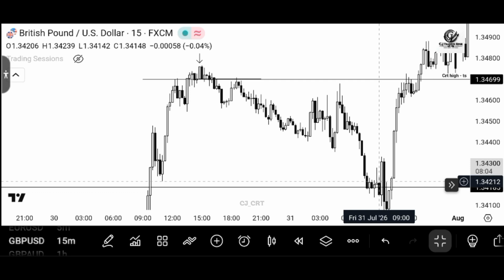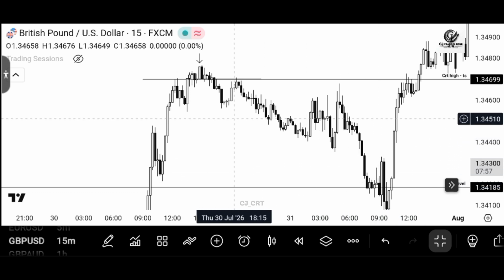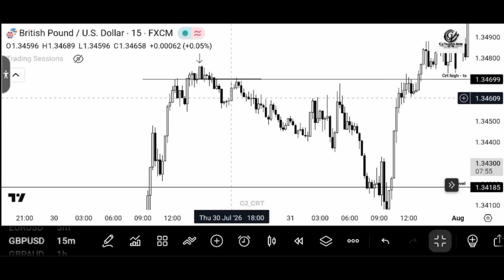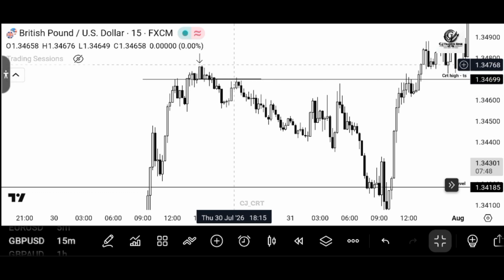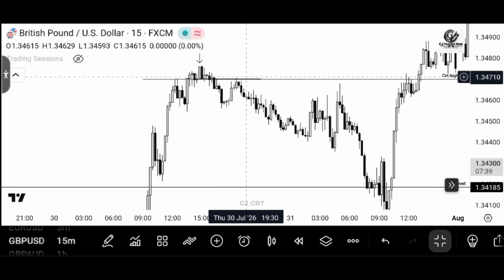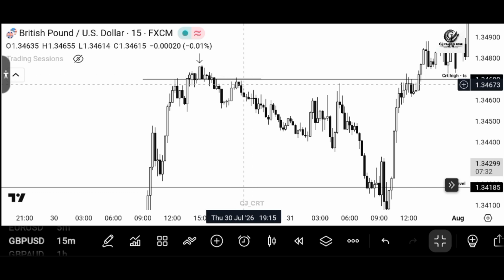If you're new to CRT, sometimes the market can scare you and get to a level so close to hitting your stop loss. And because of fear, you might want to close your entire position, whether it's two, three, or one position. You might want to close it because of fear.